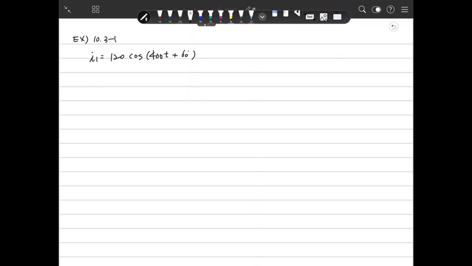You need to know that we need to define this notation carefully. Why? Because one is in radians and the other is in degrees. So this is not radians, this is degrees. This can be expressed the same way as cosine(400t plus pi over 3), and then you don't need to express the degrees here.